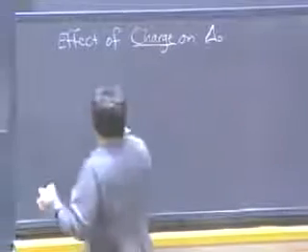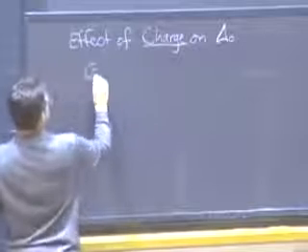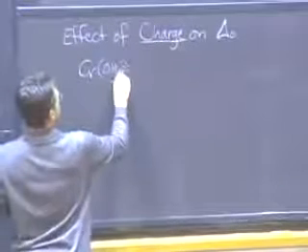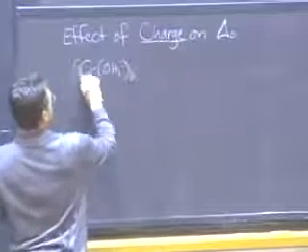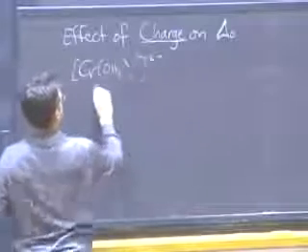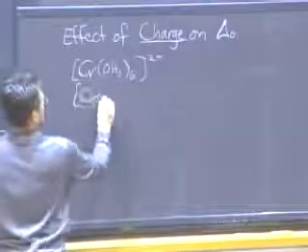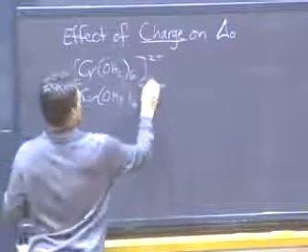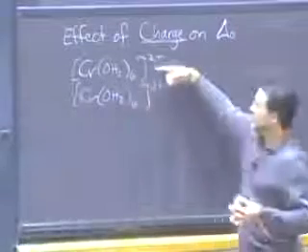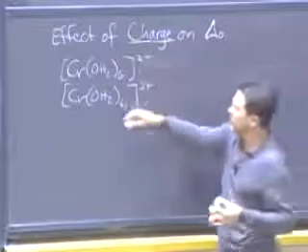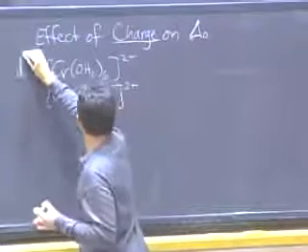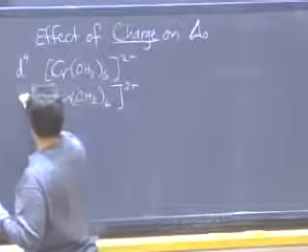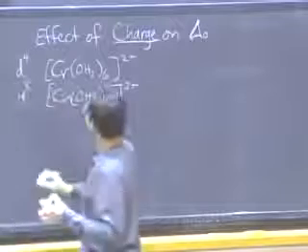And so we can look at, for example, chromium hexaaquo 2+ versus chromium hexaaquo 3+. Okay, the first is a D4 ion, and then the second is a D3 ion.